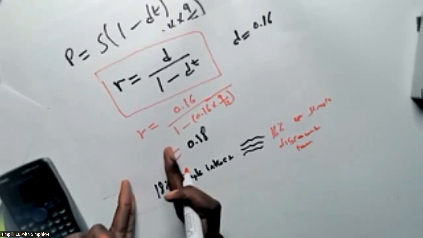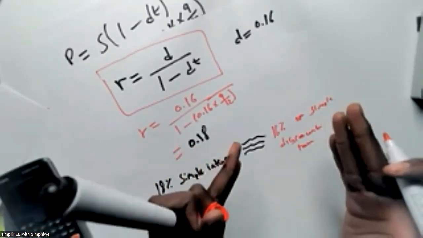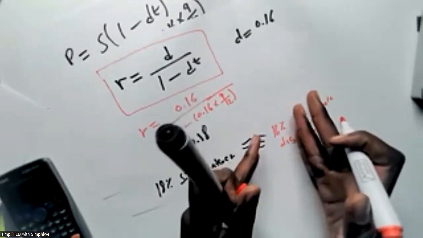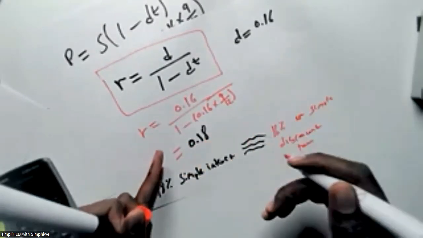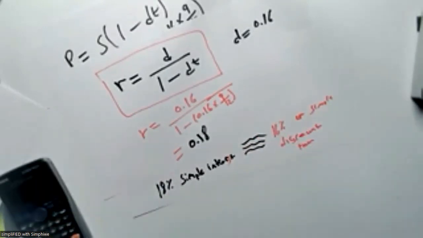Doesn't matter what I wrote there, but you get an 18% simple interest rate, in this case, is equivalent to a 16% simple discount rate, like that. So we've answered the third question. I will leave the fourth question as a trial for you to try on your own.